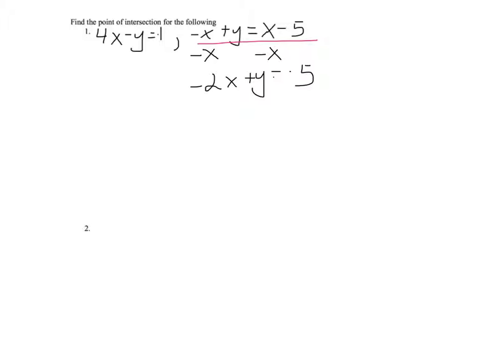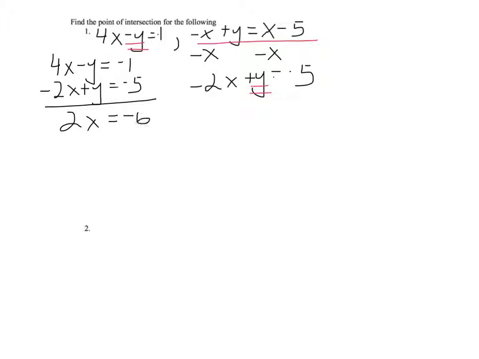I recognize that there is a positive y here and a negative y here, so I'm going to add the two equations together. I have 4x minus y equals negative 1, and I have negative 2x plus y equals negative 5. Combine them, I get 2x equals negative 6.